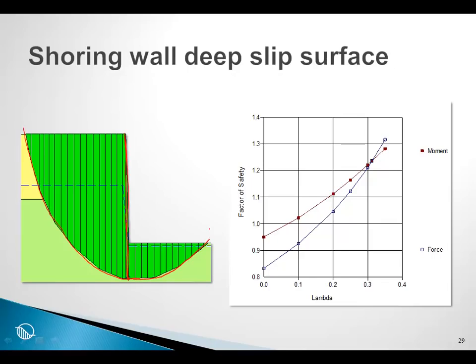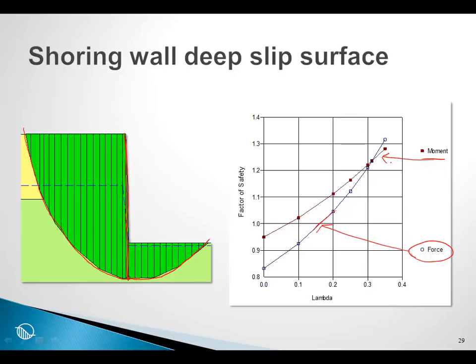Now, interestingly for this case, if this wall or this potential sliding mass should rotate, it would have to contort very substantially. If it were to slide sideways, it would have to contort very substantially. Consequently, the force curve and the moment curve are somewhat close to each other.